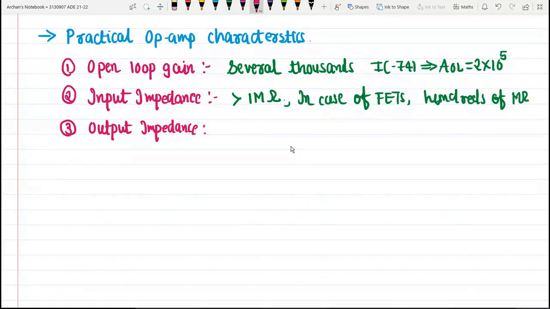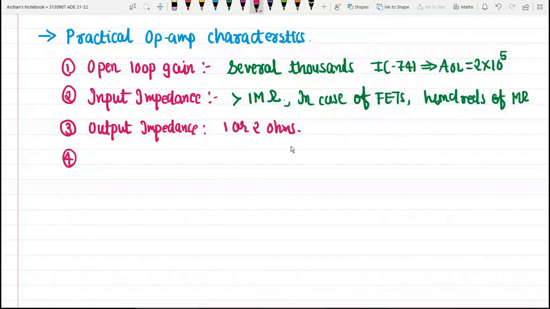For now, if we use negative feedback, then we will be able to reduce this value of output impedance to a very small value like 1 or 2 ohms. Only 1 or 2 ohms will appear at the end of the outputs, right?